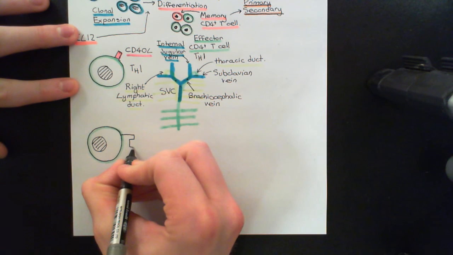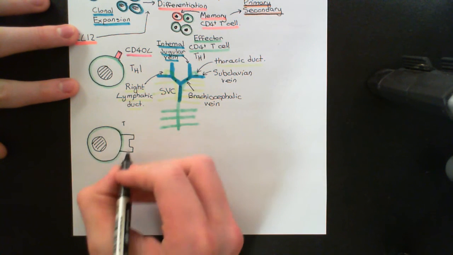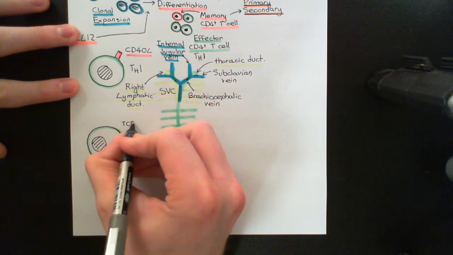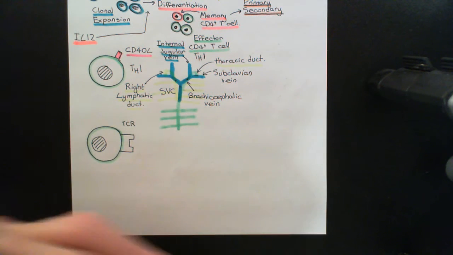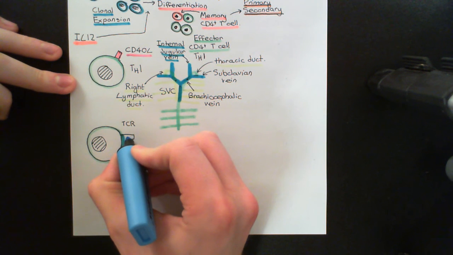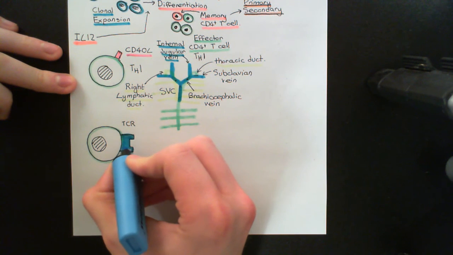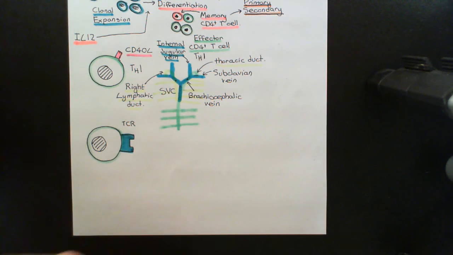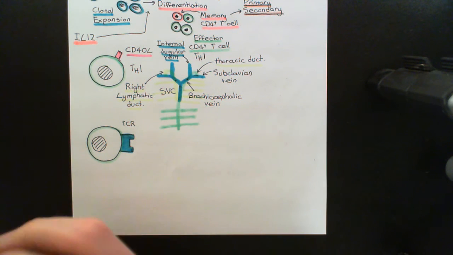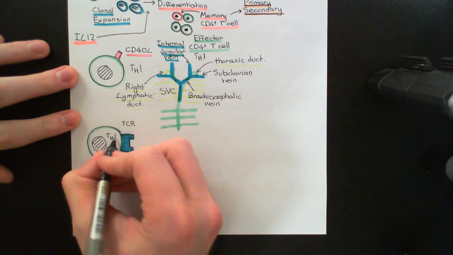So here is the T cell receptor on the surface of the T helper 1 cell, and I'll just colour this in blue. You also have the CD4 molecule on the surface of the T helper 1 cell. And the other important molecule that you have on the surface of the T helper 1 cell is going to be the CD40 ligand molecule. But we'll talk about those in just a moment.